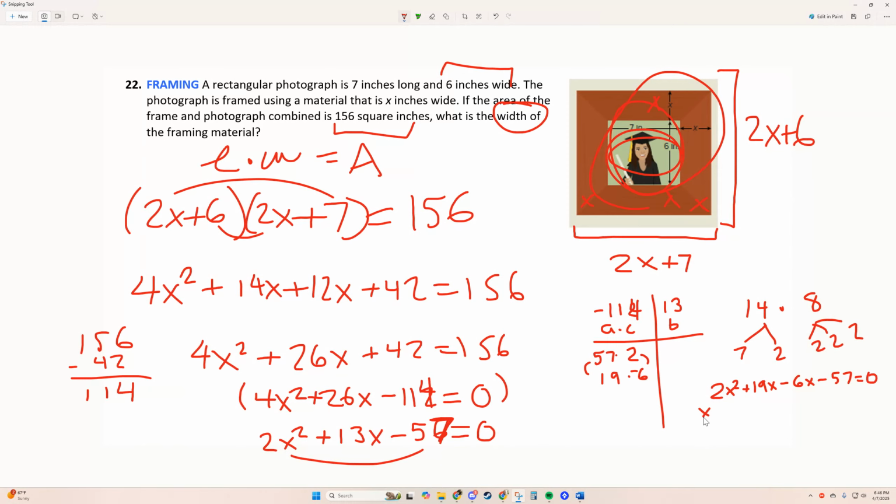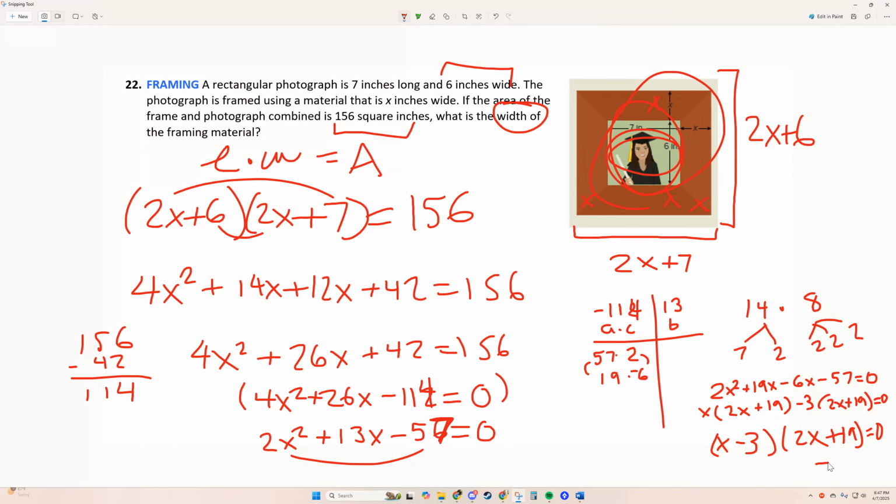I can divide these by x. 2x plus 19 equals 0, and x minus 3 equals 0.